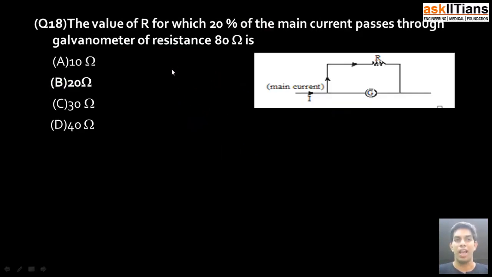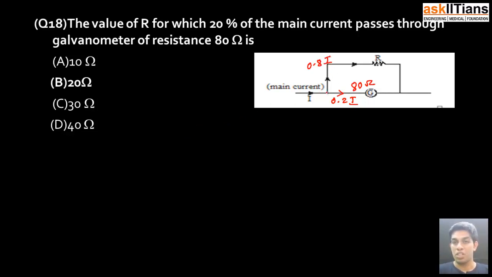It says the value of R for which 20% of the main current passes through the galvanometer of resistance 80 ohm. So this is given to be 80 ohm. 20% of the current, that is 0.2 I, goes through this branch and 0.8 I goes through this branch.